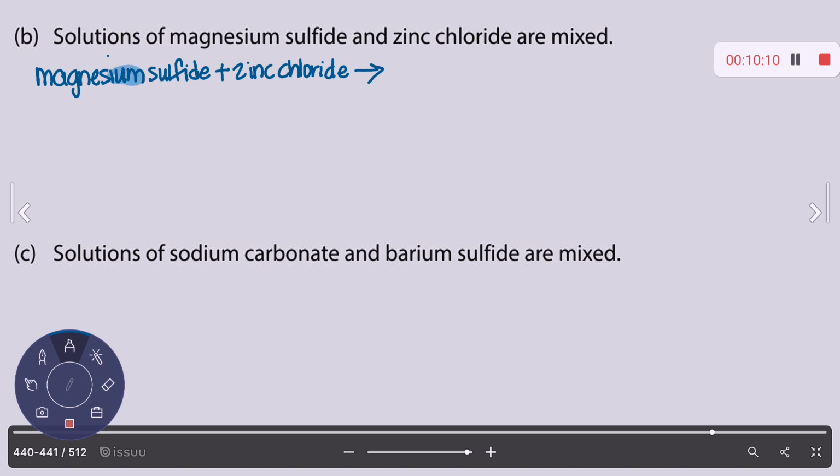So I'm going to highlight the magnesium and the zinc, because these are the ones that are going to switch places. When they switch, what are the names of my products?